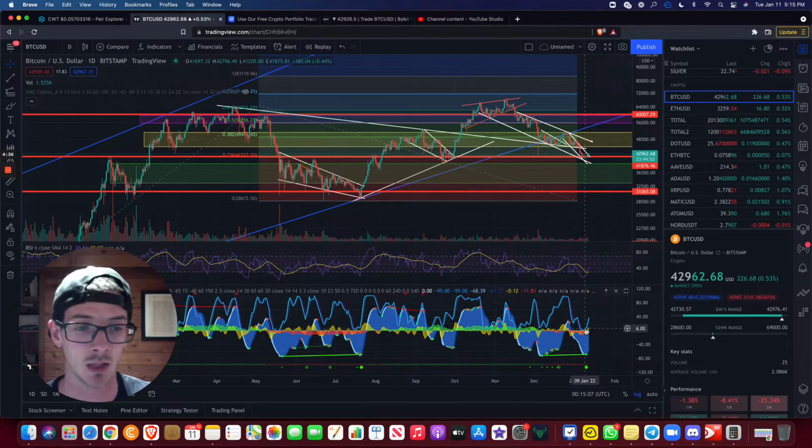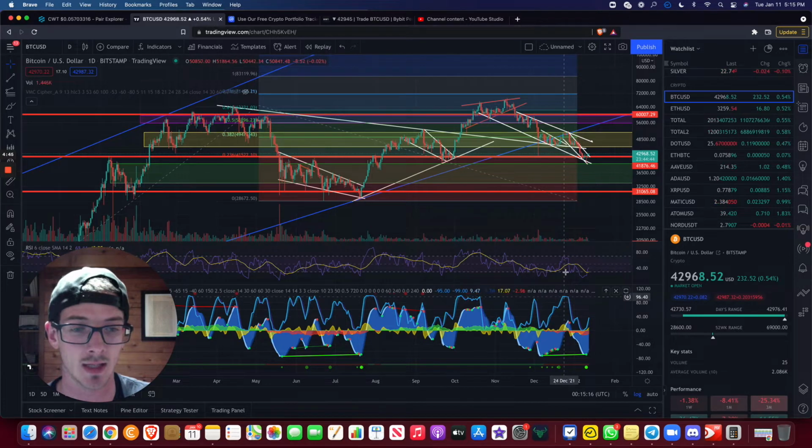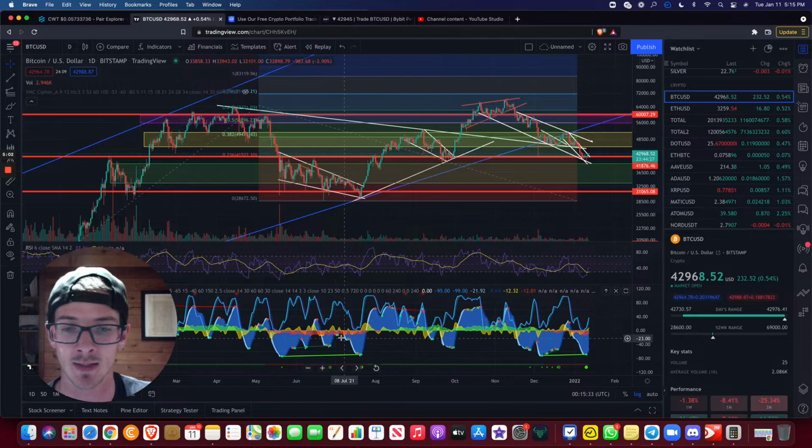You can line that up with the RSI up above, and it matches up fairly closely, but you'll see when the RSI up here is overbought, as is the stochastic RSI, that usually represents a local top.